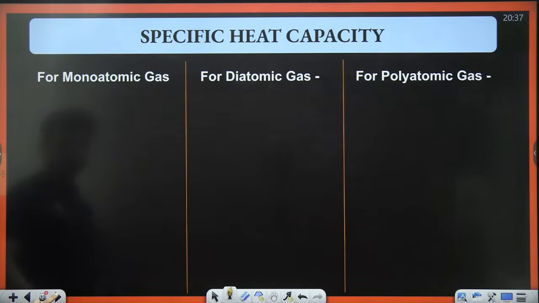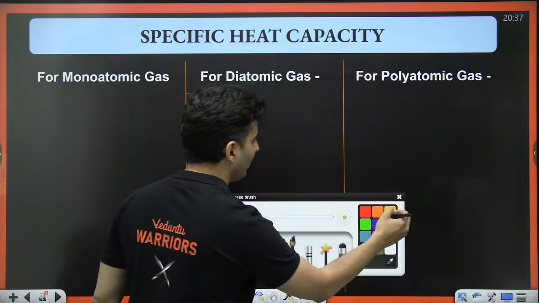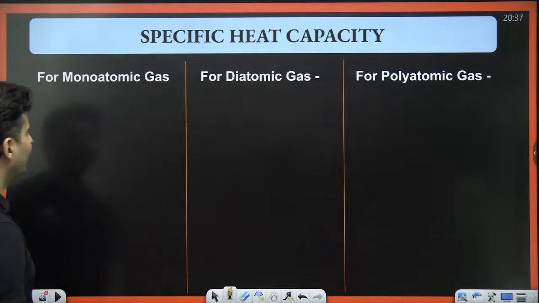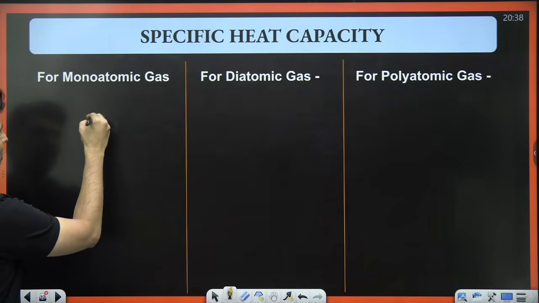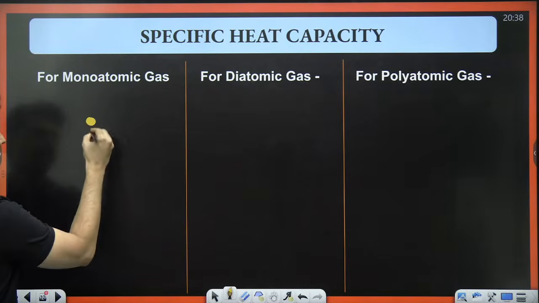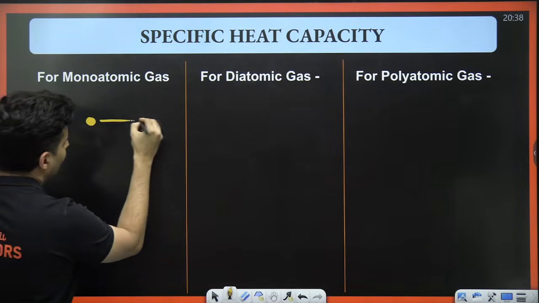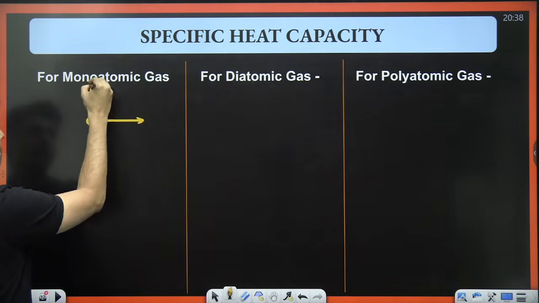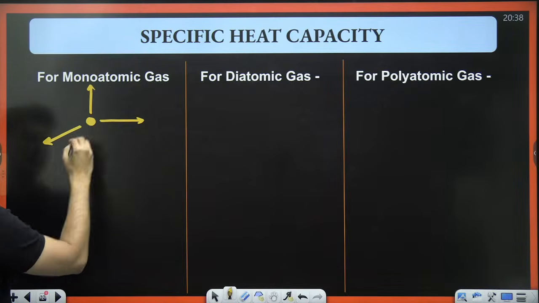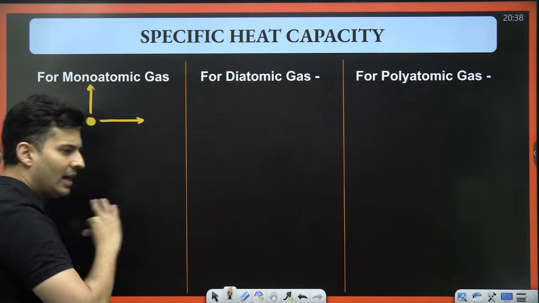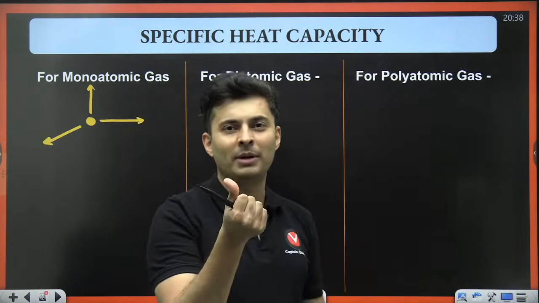Okay. So where did I? Yeah, I think I'll put it up over here. Starting off with monoatomic gas. If you take a monoatomic gas, then it can move along the x-axis, it can move along the y-axis, it can move along the z-axis, but the rotation has no significance because it's a point mass.